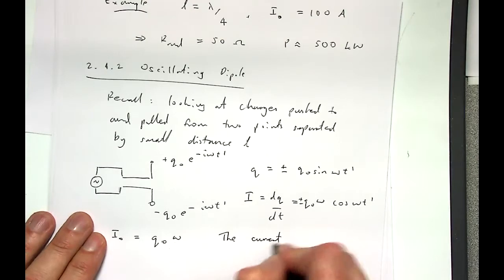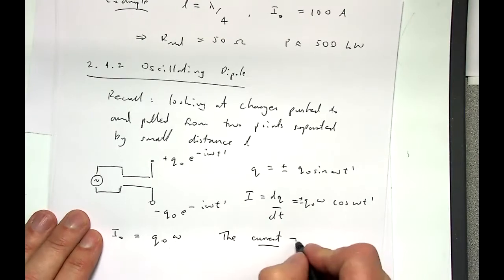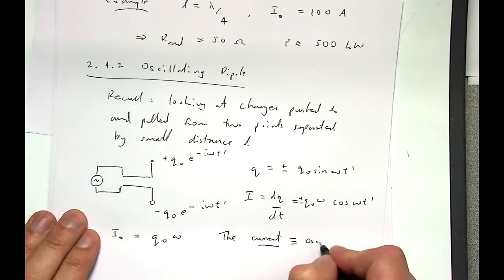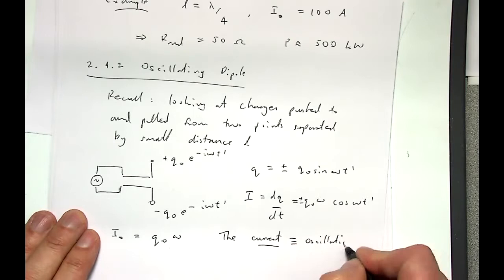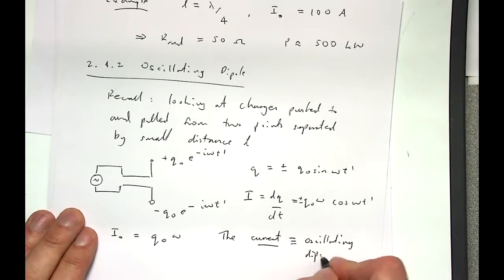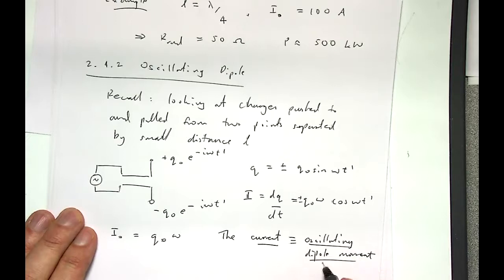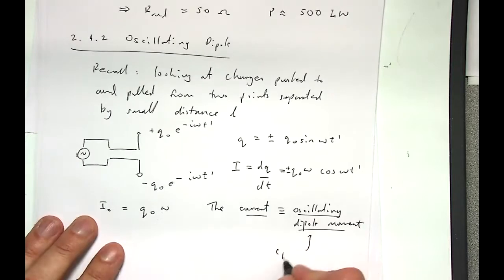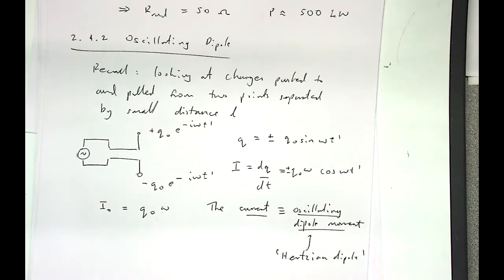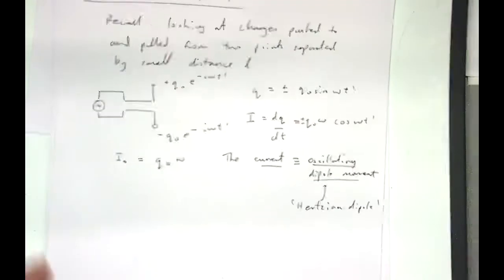And again, what we're saying is we have two pictures. We have the current picture, which is equivalent to an oscillating dipole moment. And it's that concept, this is why we call it the concept of the Hertzian dipole. Now, when we call it a Hertzian dipole, we haven't actually explicitly said what the dipole moment is.